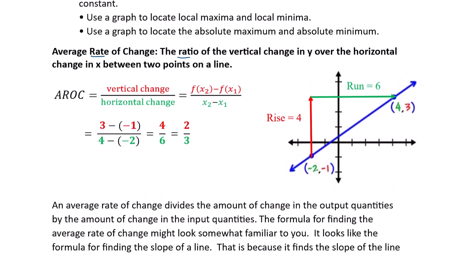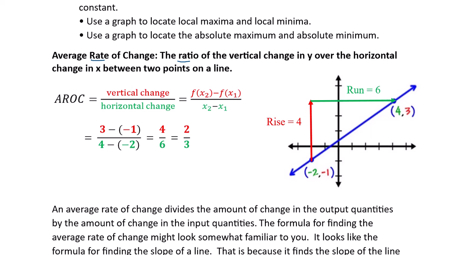The ratio is how much you've risen from here to here divided by how much you've run from here to here. So we can call this average rate of change the vertical change divided by the horizontal change, or we can write it in function format more formally as f of x sub 2 minus f of x sub 1, all divided by x sub 2 minus x sub 1.